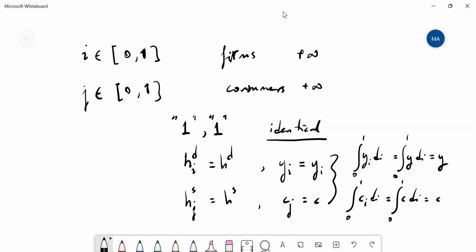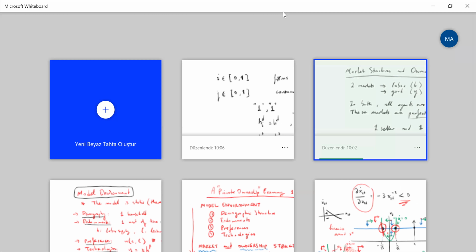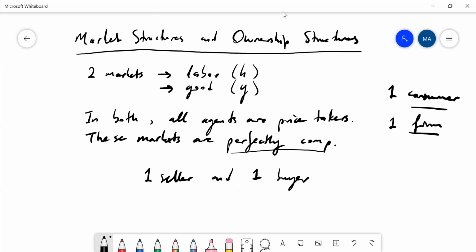Okay, so let me go back to my market structure assumptions. So there are two markets again. One is the labor market. So in the labor market, the firm is the buyer, and the household is the seller, right?